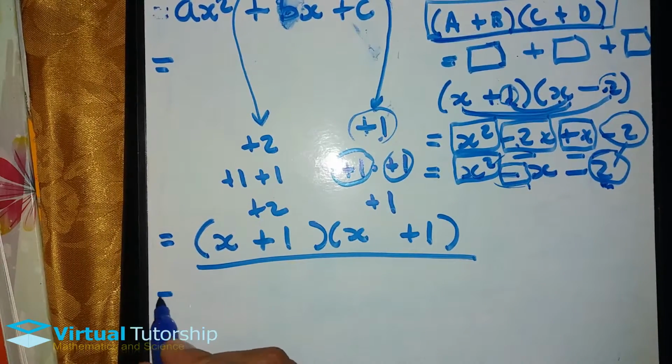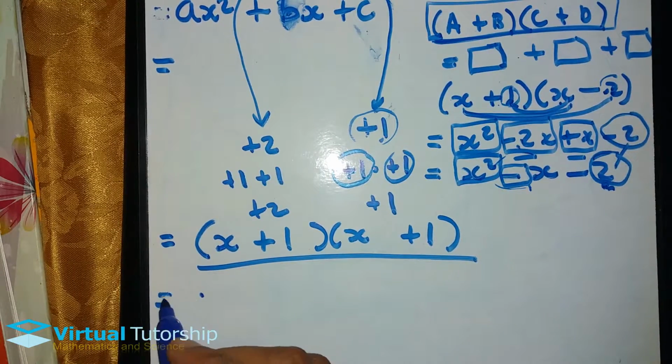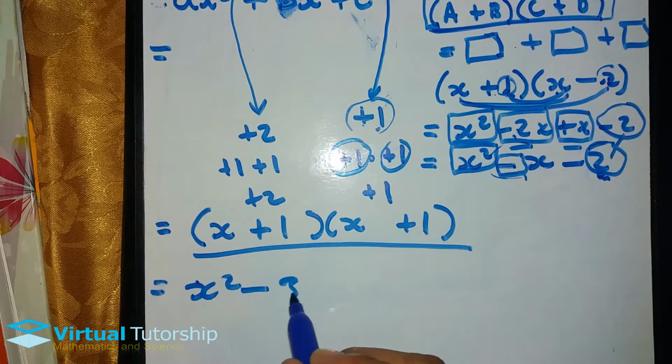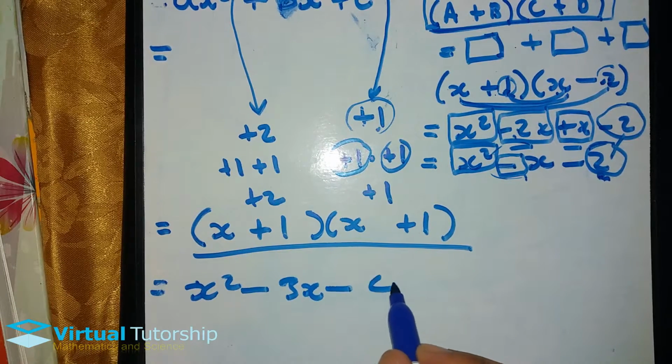So let's take another example. Let's say we have x squared minus 3x minus 4.